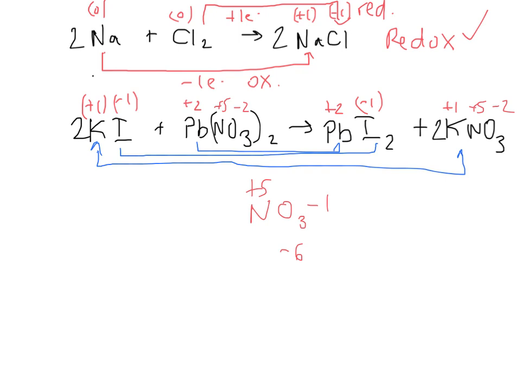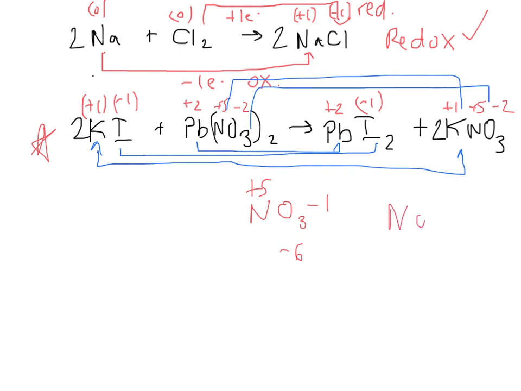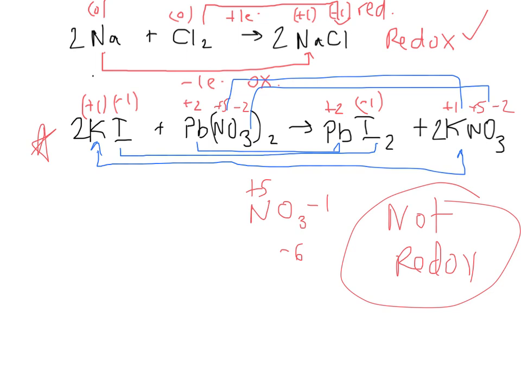Same thing's true for the nitrogen, same thing's true for the oxygen. So the reality of it is that this reaction that we just looked at is not a redox reaction. Okay, there is no change of oxidation states for any of the atoms in any of the molecules. There is no increase or decrease or transfer of electrons. So the example you have here is not an oxidation reduction reaction.